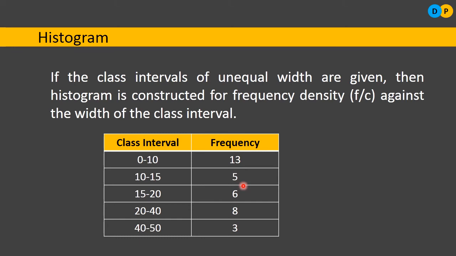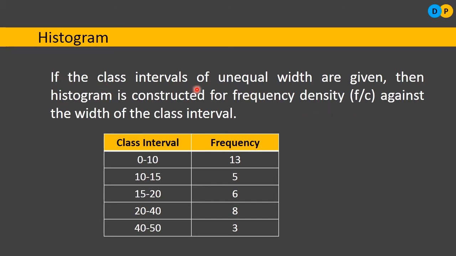So you cannot go with ordinary frequencies; you have to consider a new concept called frequency density. What is frequency density? Very simple: frequency of the class divided by width of the class. For example, here the frequency is 13 and the width is 5, so 13 divided by 5 will give a value.